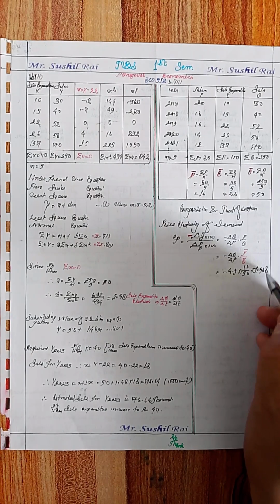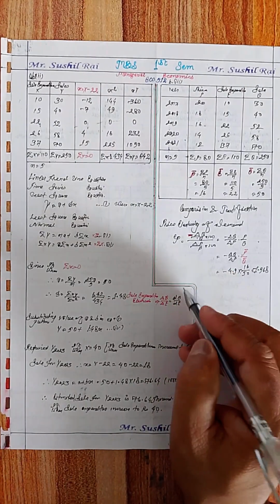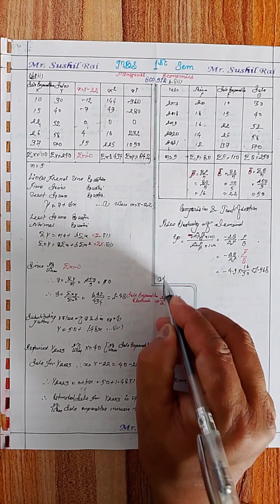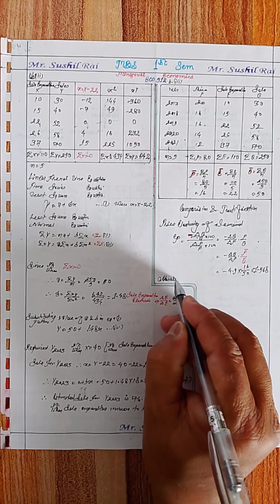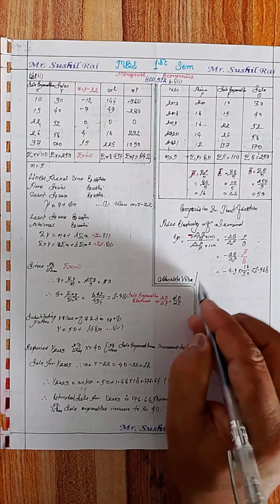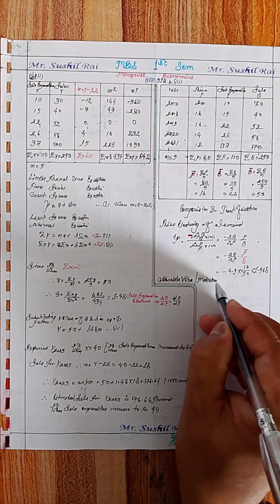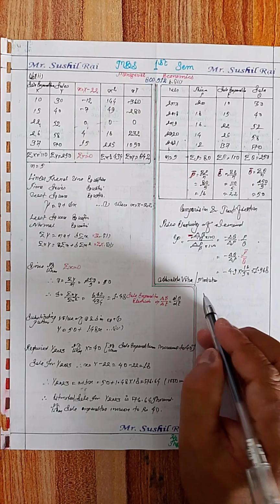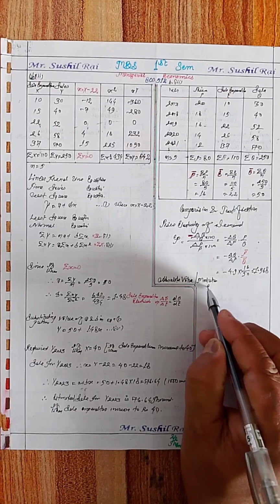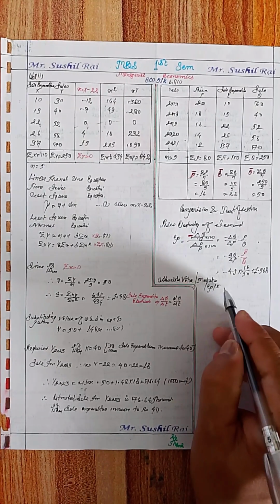Absolute value or modulus, EP is equal to 1.568.